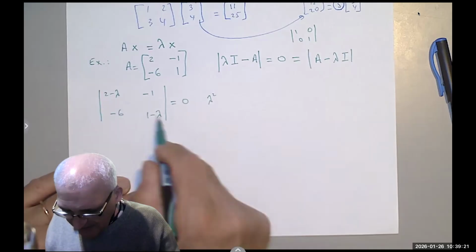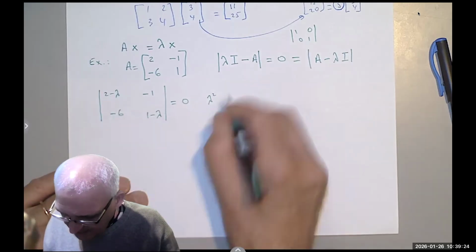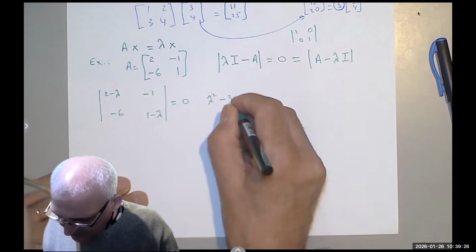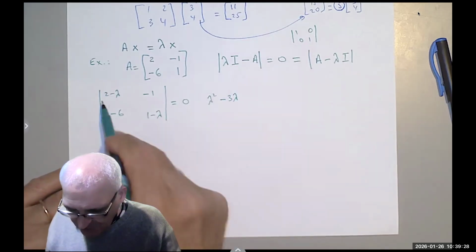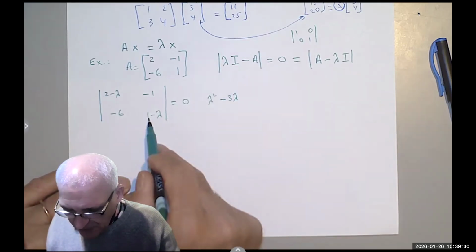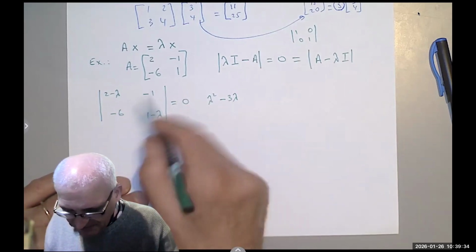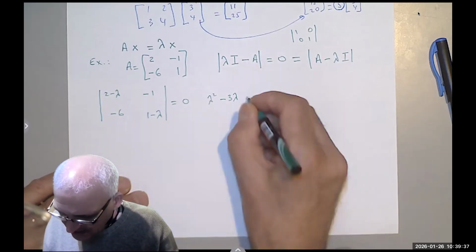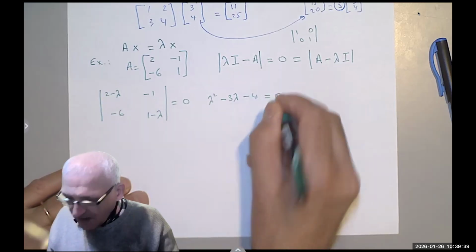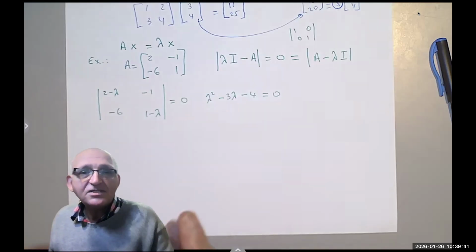You get 2 times negative lambda and 1 times negative lambda, you get -3 lambda. And then you get 2 times 1 is 2 minus -6 times -1, which is +6. So you get 2 minus 6 is -4 equals 0. Very simple quadratic equation.